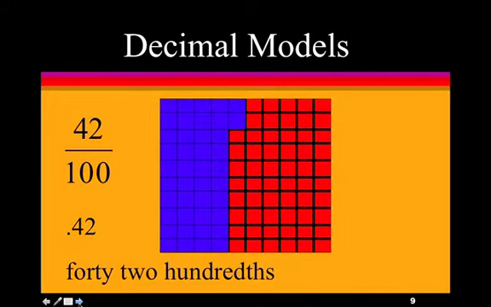Let's take a look at another example. If I take 42 little squares out of the 100 squares, then you'll have 42 hundredths, and the decimal number would be 0.42 as the decimal.